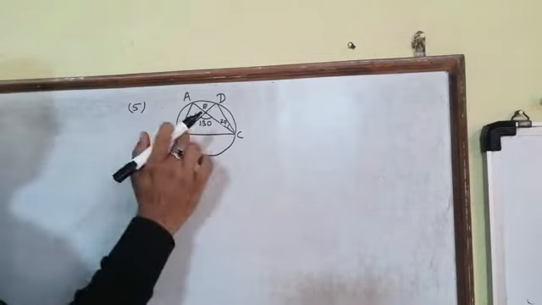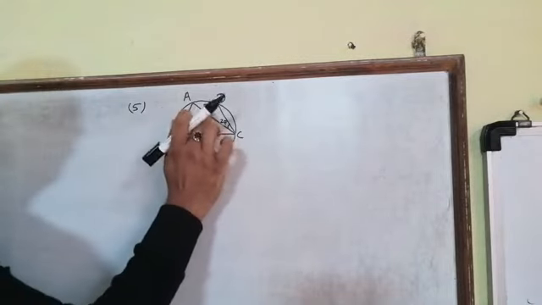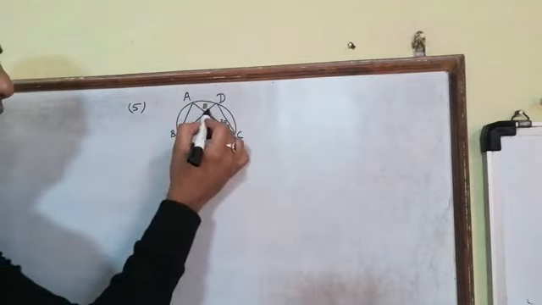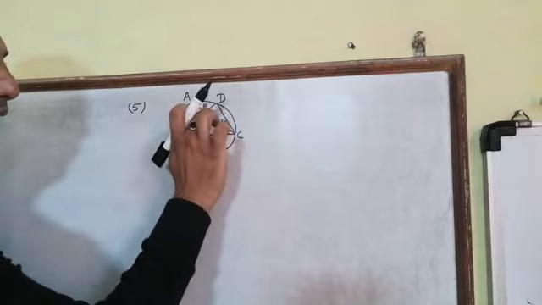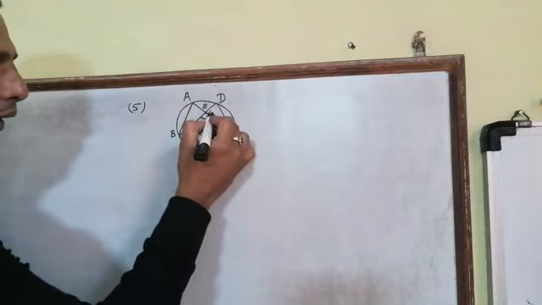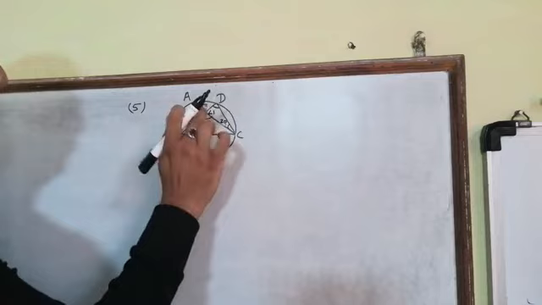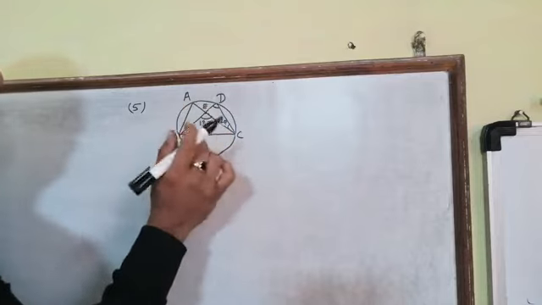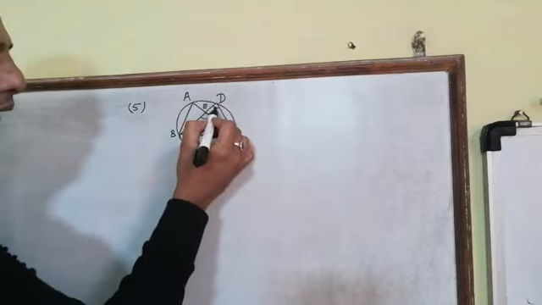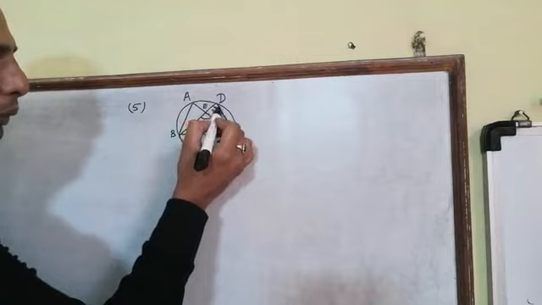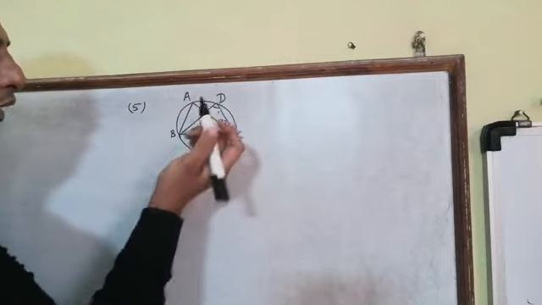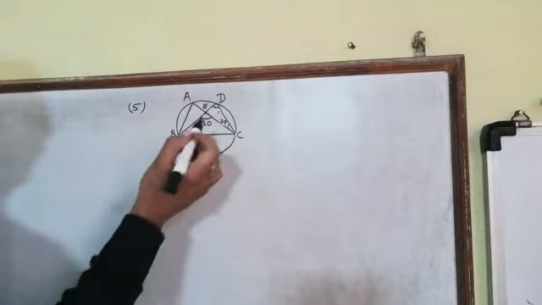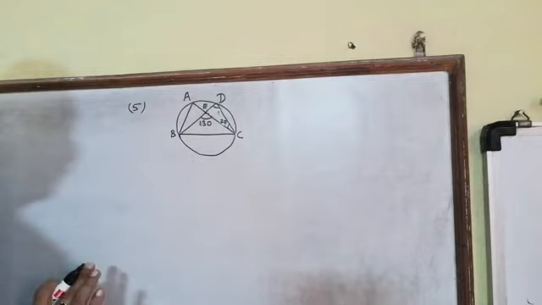So this BEC, I am writing here angle 1, and this is angle 2, at D. Otherwise, you can write the names also, if you do not write angle 1 and 2.